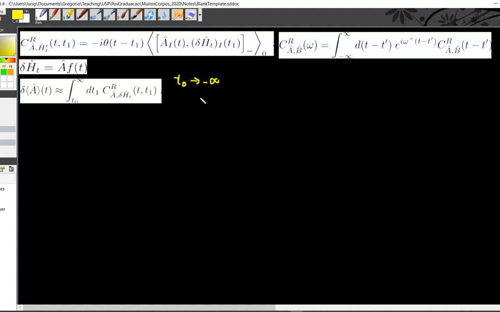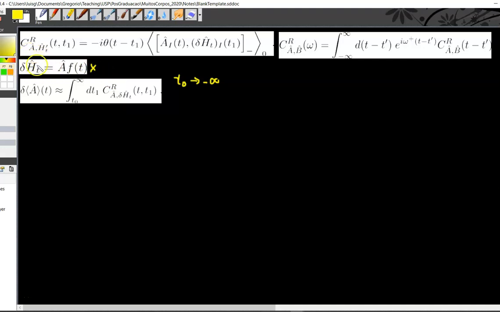You have the equilibrium there at minus infinity, and then you turn it on, and everything evolves with time from there.